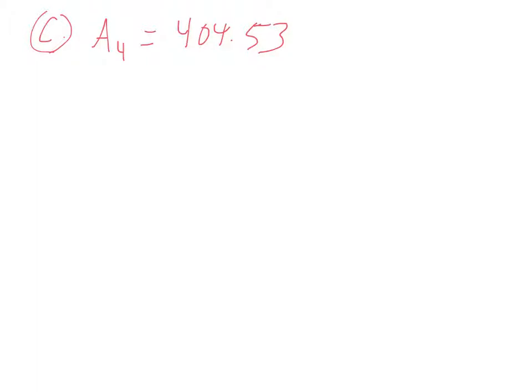So you're not going to have enough because you need $450 for spring break, and you're only going to have $404.53 in your account at that point. Sorry, I take that back. March 1st should be A sub 6. That's 6 months after your first deposit. You should be at March 1st. So you don't have quite enough money.